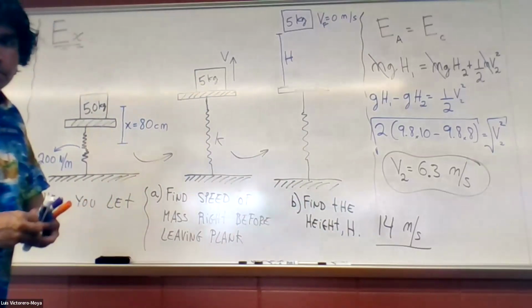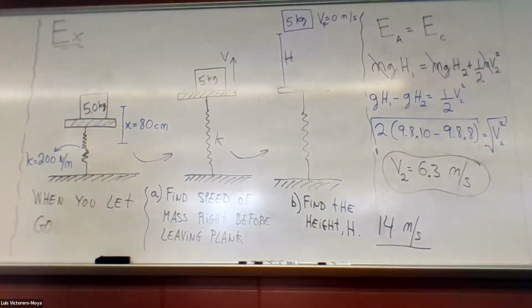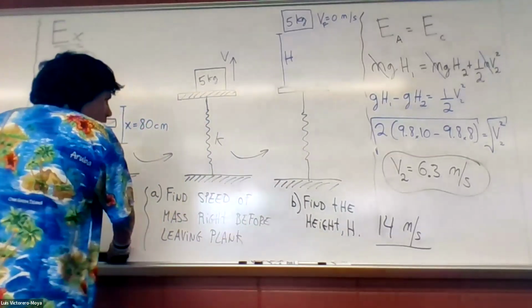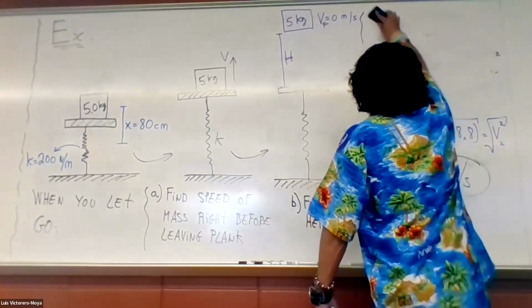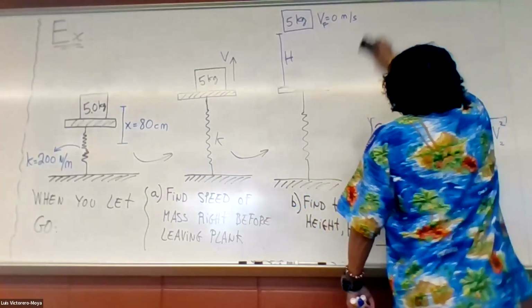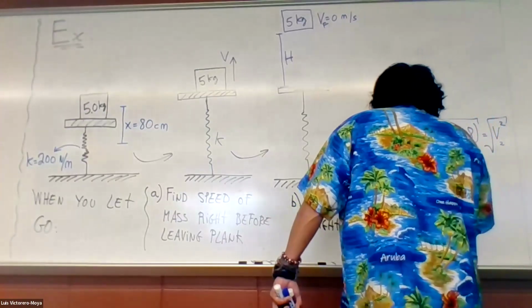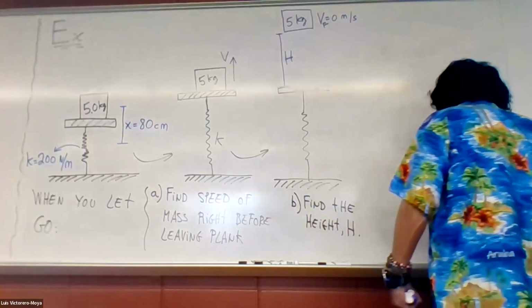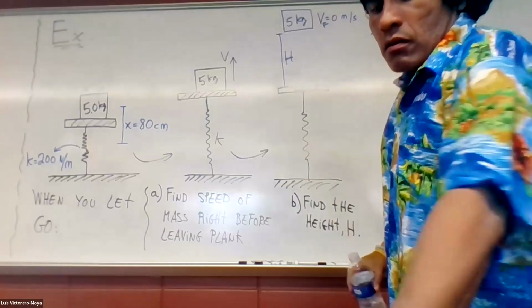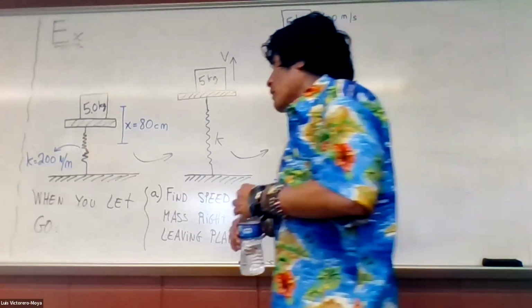All right. So, like I said in chapter 4, you need to first understand what's going on before you use the equations and the formulas. There are two forces acting here, right?